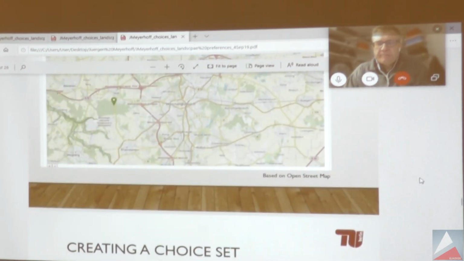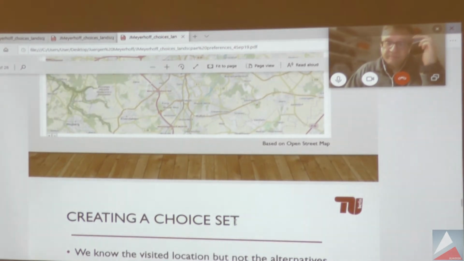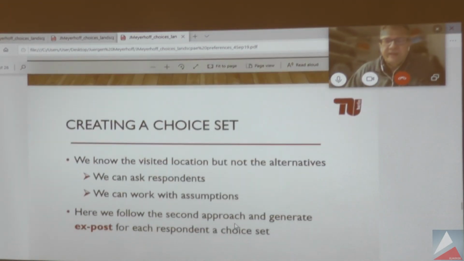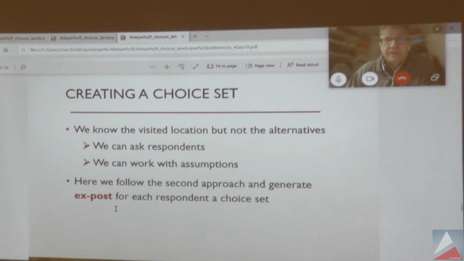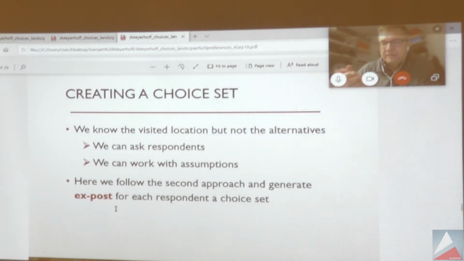The problem compared to the first example is that using this kind of technique where we observe locations people visit, we do not really know what their alternatives are. So what are the other forests they might consider when they want to go to the forest? Because when we use the stated approach, as in the first example, we create a choice set, exactly what the alternatives are, but that is not the case here, we just observe a visited location.